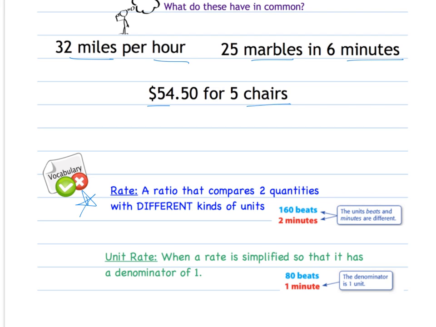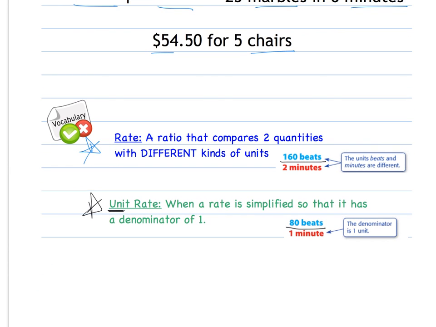So if I have 160 beats in 2 minutes. What a unit rate is, the word unit kind of helps us here, is that when a rate is simplified so that it has a denominator of 1. So what I say is that a unit rate, as I describe it, is how much or how many for one.